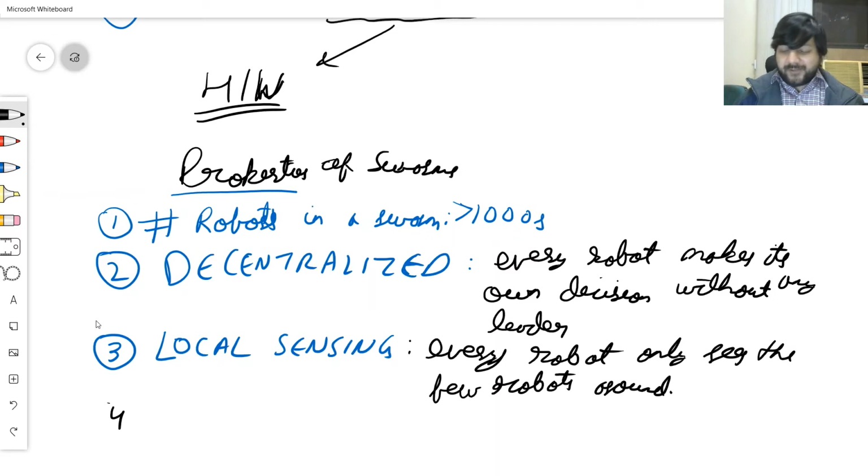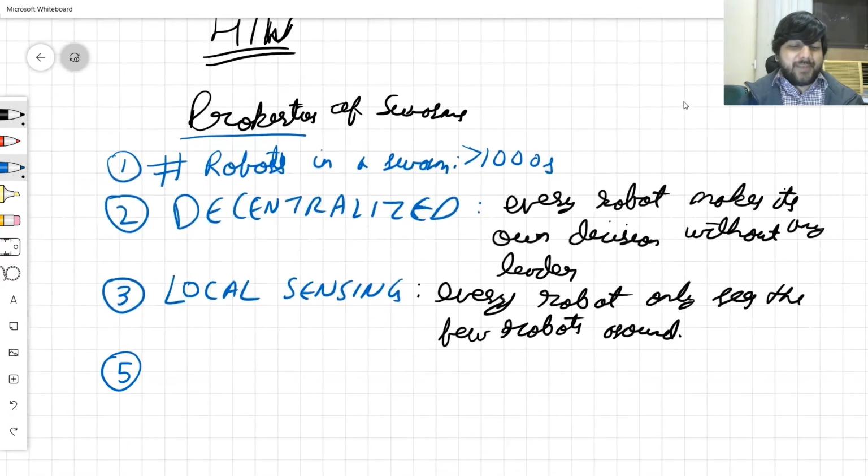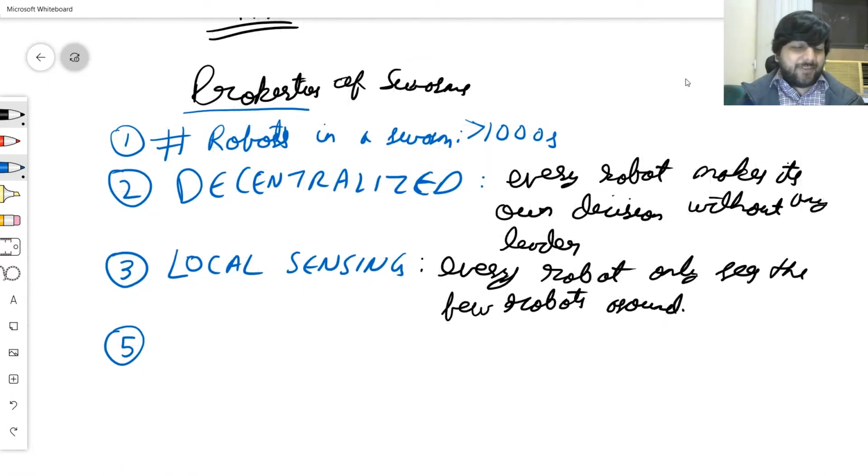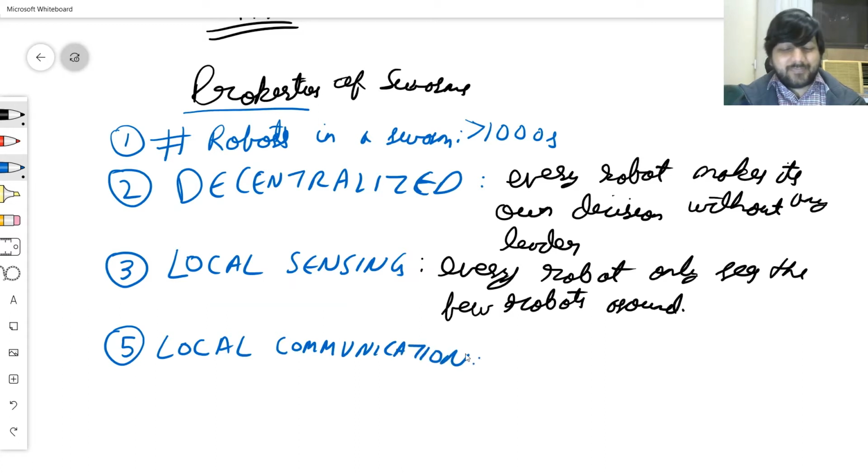Of course, we talked about multi-agent systems, and this is also a multi-agent system where the number of agents is thousands. So we said that we will classify them based on communication, and if they have communication, then I say they can only have local communication. So the robots can communicate to each other, but this communication should only be local. You cannot contact a robot which is very far away because you don't need to. And that's exactly the same as local sensing.